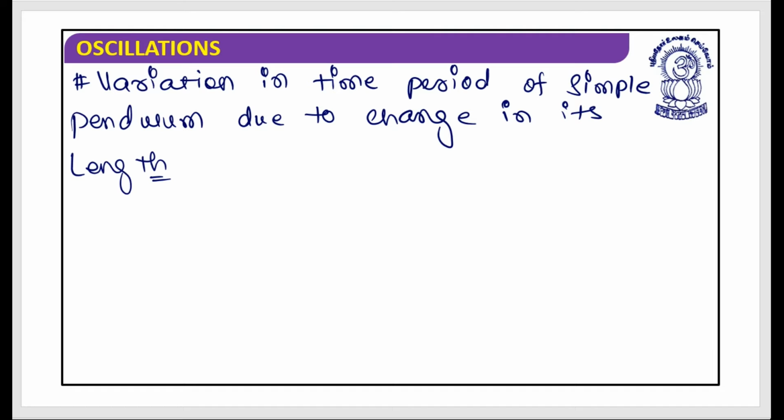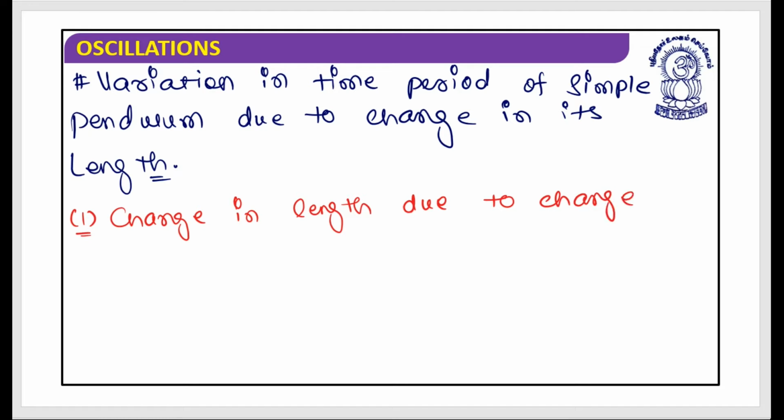Now we are trying to change the length, and we will look at the cases of how this can be achieved. So first, in variation in the length, we will change the length. It is the case of change in length due to change in temperature. So we want to learn this.